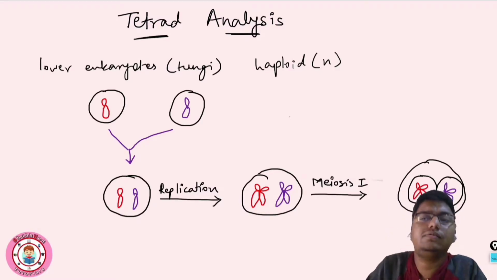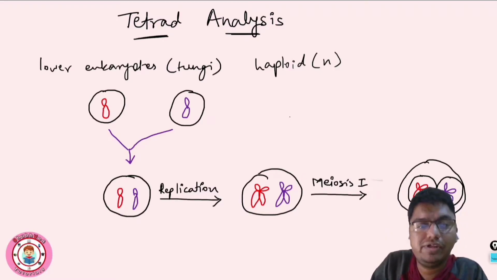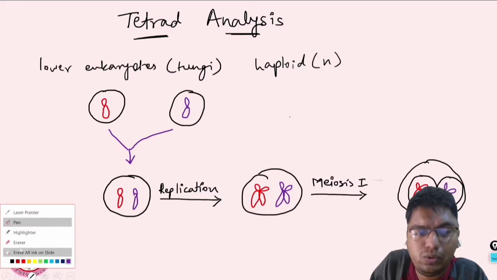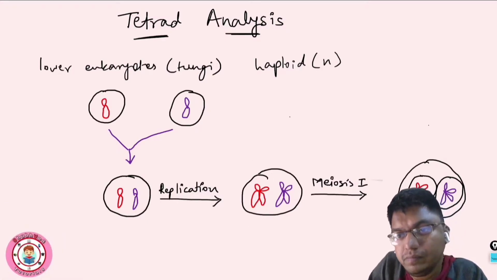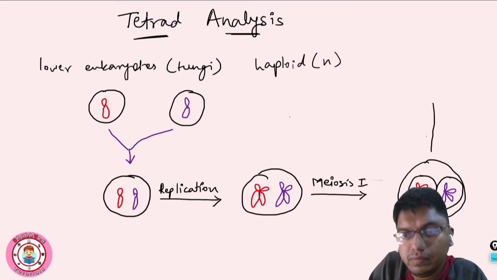So this is the arrangement after meiosis 1. Now this will undergo meiosis 2.